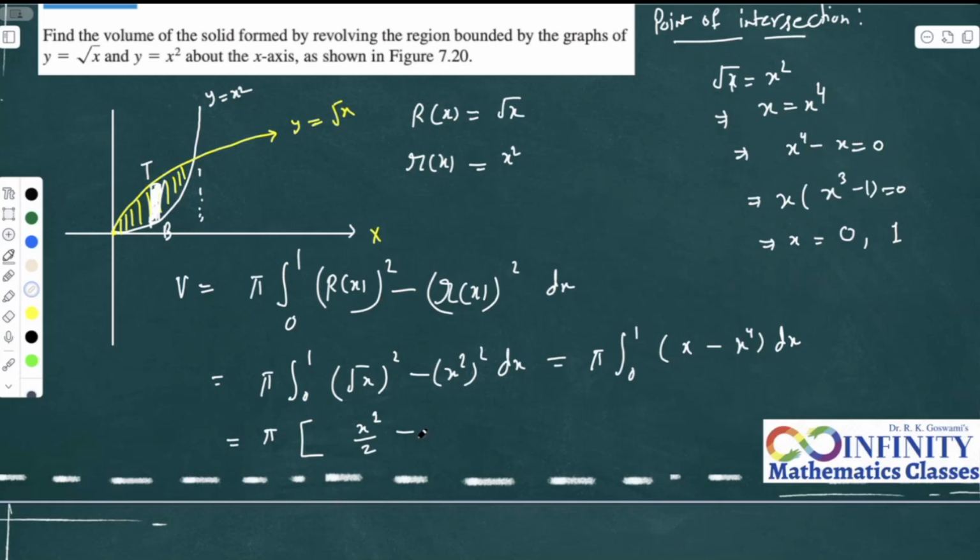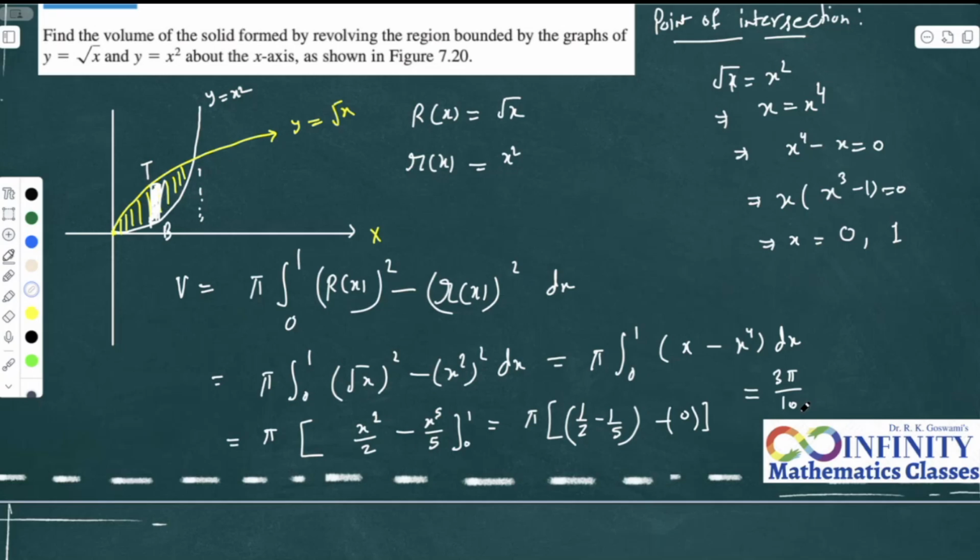If you integrate x power 4, it is going to be x power 5 by 5. From 0 to 1, when you put the upper limit, it is 1 by 2 minus 1 by 5. When you put the lower limit, it is going to be 0 in both cases. And the final answer is going to be 3 pi by 10. It is just a simple calculation for you.